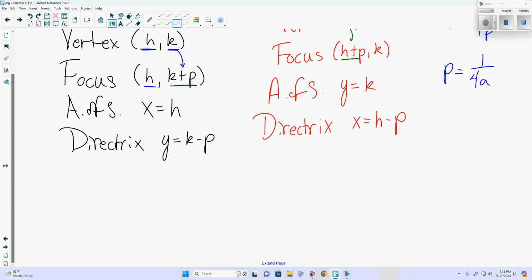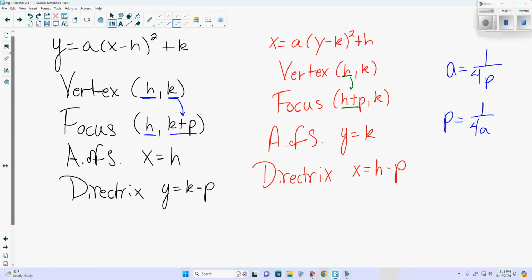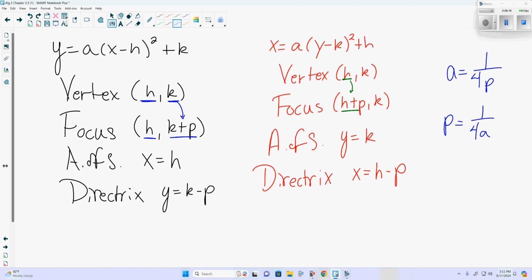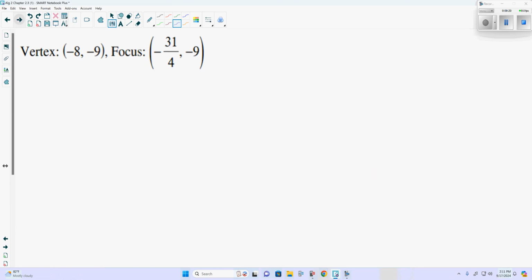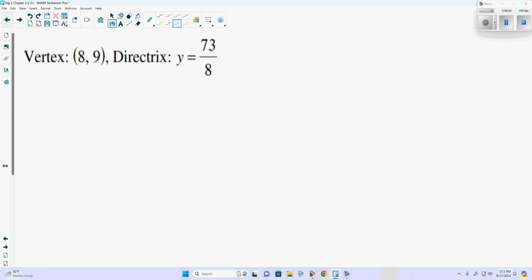If the directrix is y equals, the equation is y equals. If the directrix is x equals, the equation is x equals. So here, the directrix is y equals, so the general equation is y equals a times (x minus h) squared plus k. We need to find a, h, and k.